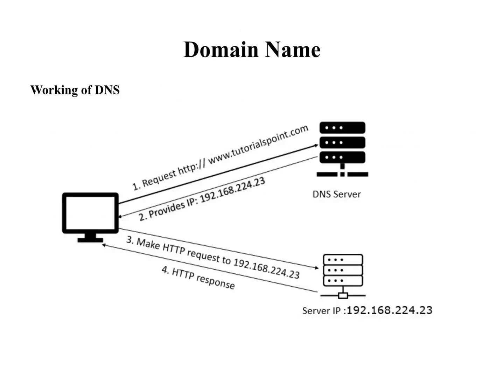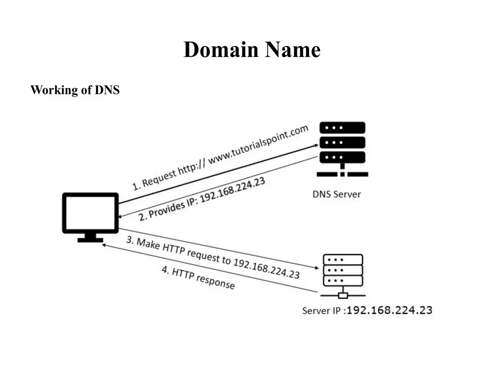In the working principle of DNS, one system communicates with the DNS server and server IP. Here four steps are involved. First one is the HTTP request that the system sends to the DNS server. Then DNS sends the provided IP.